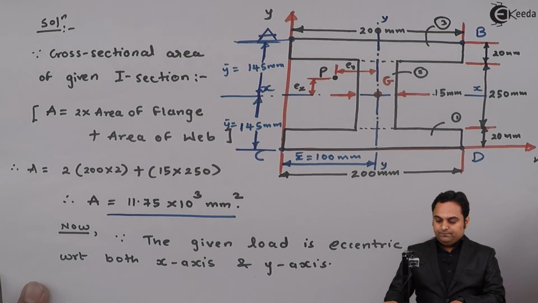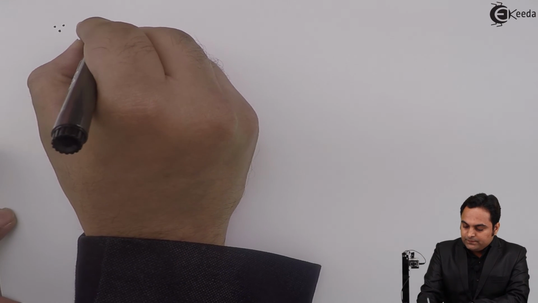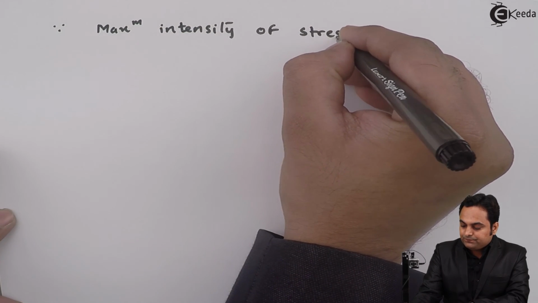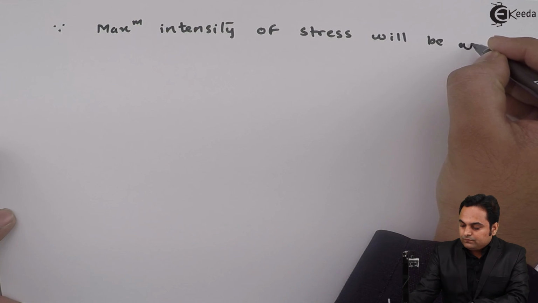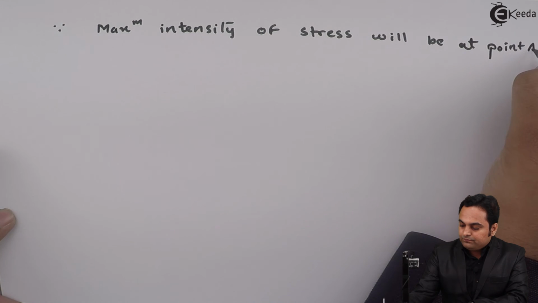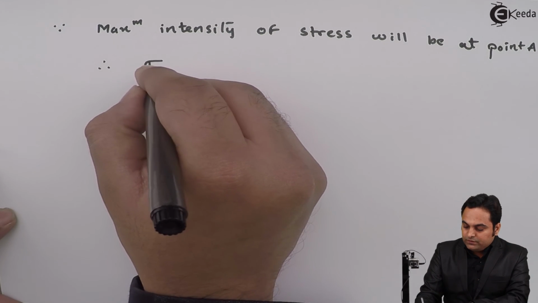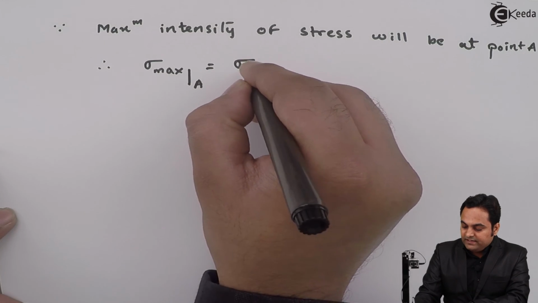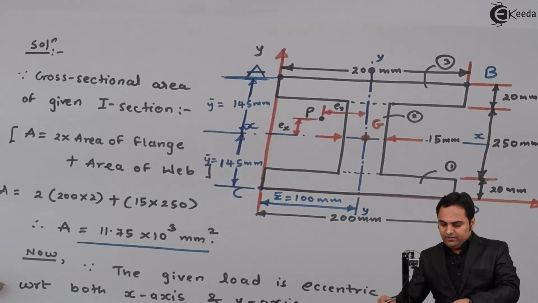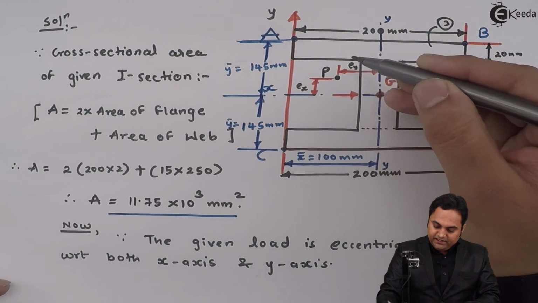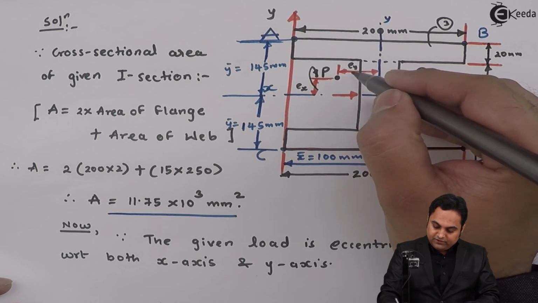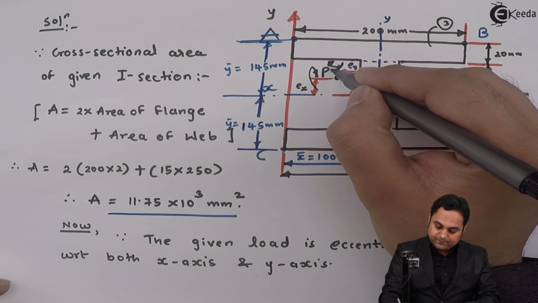So here I'll write down maximum stress first. Since maximum intensity of stress will be at point A, therefore sigma max, it will be at A and given by direct stress plus, as we see, because of Ex there will be bending about x axis in this manner, and because of Ey there will be bending about y in this manner.